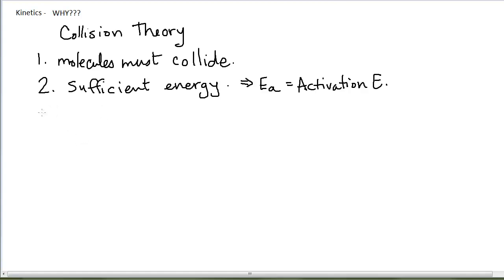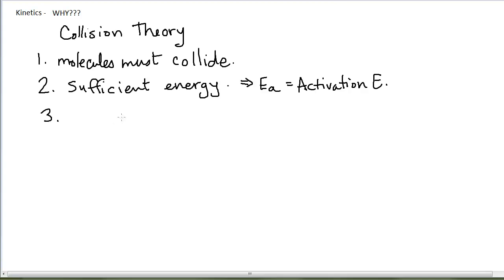And the third requirement, or the third reason why we see what we see when we look at the kinetics rate laws, is that the molecules, not only must they collide, not only must they have sufficient energy, but they must be oriented properly. You may recall from previous chapters that not all molecules are spherically symmetric. Not all molecules are symmetric in all three dimensions.